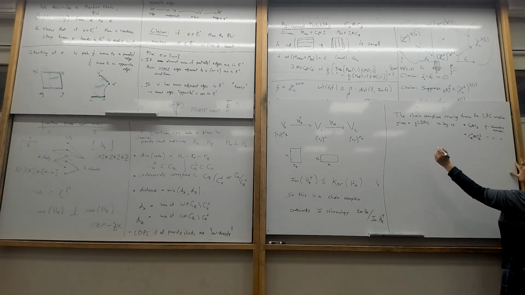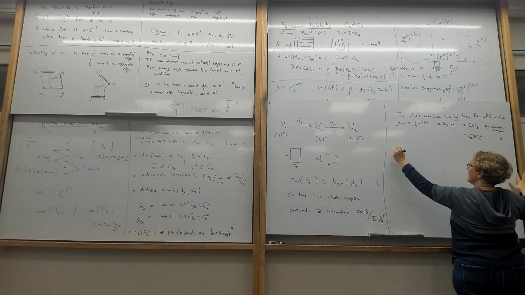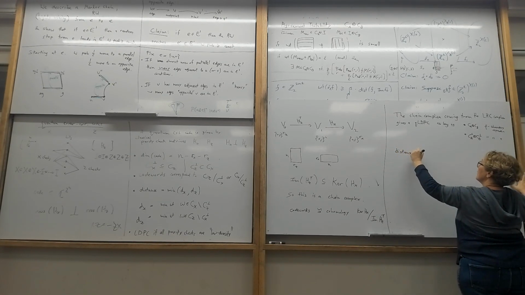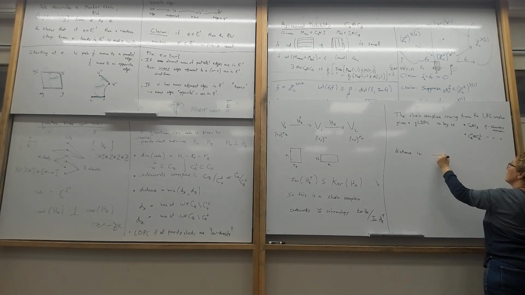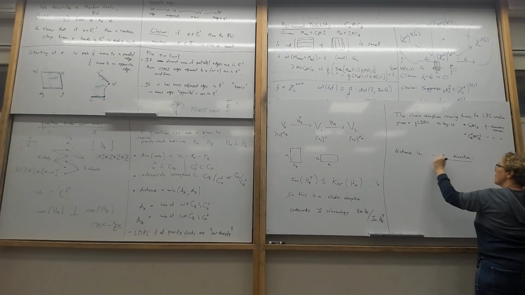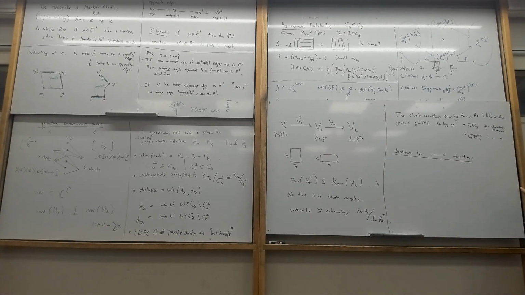And let's just do the distance, in this direction. What I need to figure out is, if I have some chain in the middle, for every edge I have a code word in this chain.